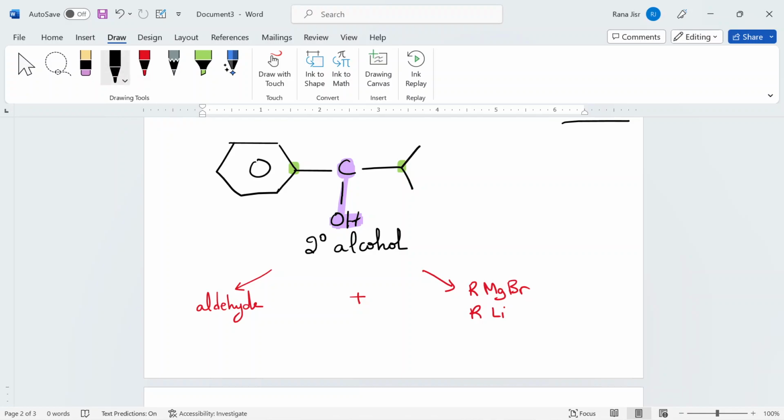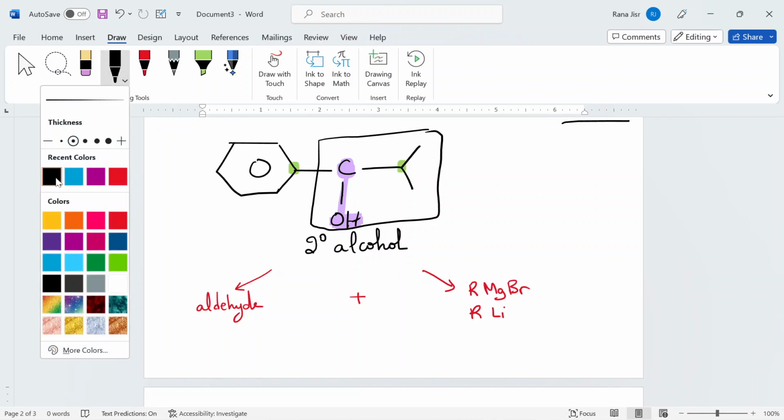Now for the aldehyde, you can pick any R's, any of these 2 R's in there. It doesn't matter. So I'm just going to go ahead and pick all of this part over here to be my aldehyde. So you're going to change the carbon-oxygen bond into a carbonyl and make this whole thing an aldehyde.